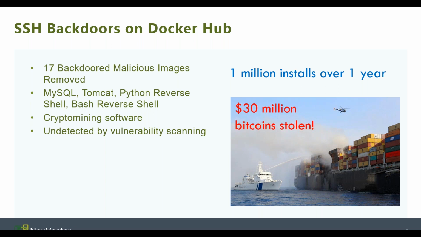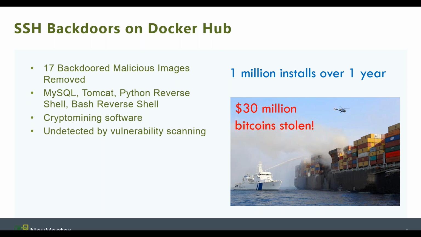Also, the same thing happened quickly, I think 2 weeks ago, 3 weeks ago, right? 17 backdoored malicious containers were removed from Docker Hub because security researchers found they have all kinds of security issues. For example, those containers include the MySQL container and Tomcat container, and they have a Python reverse shell built in.